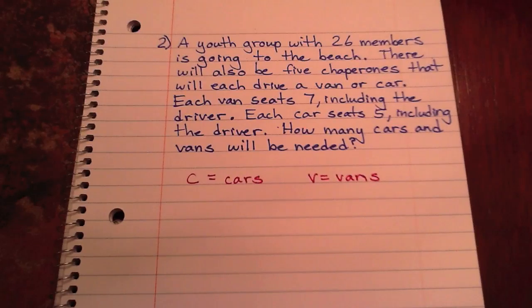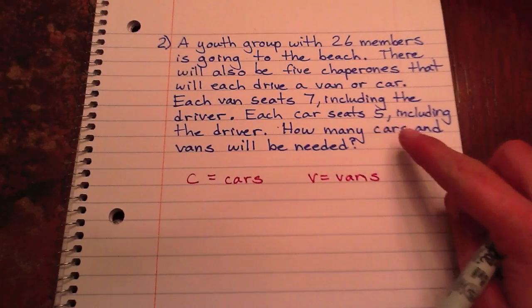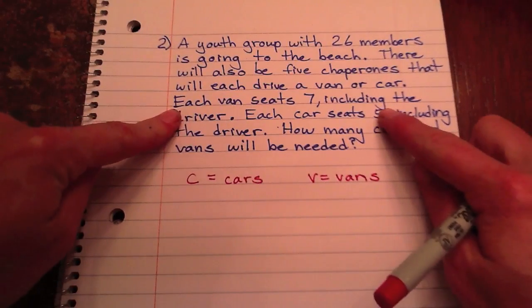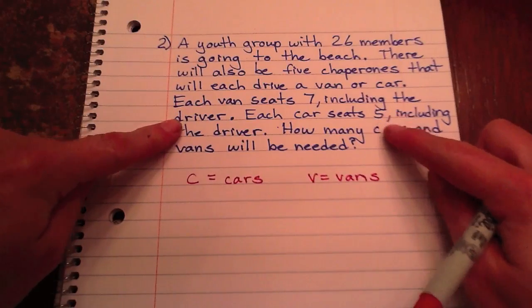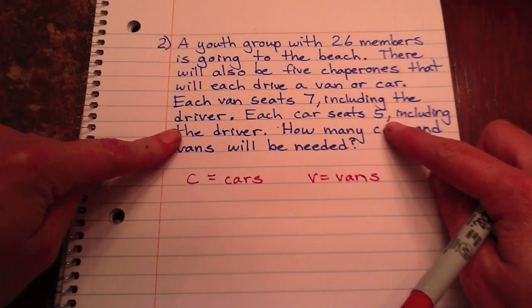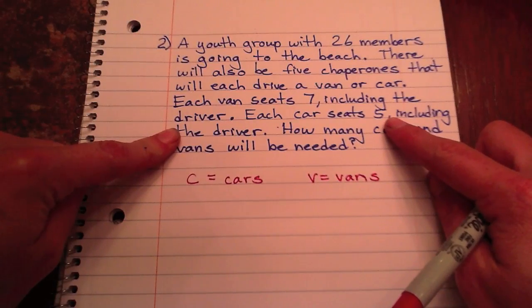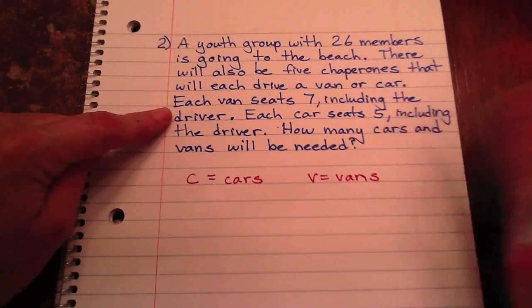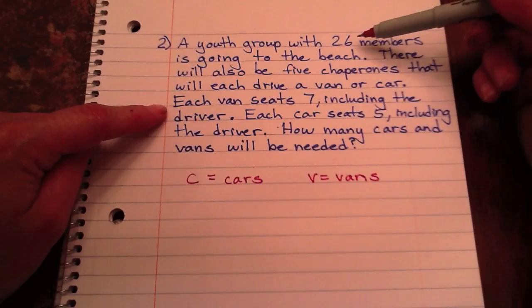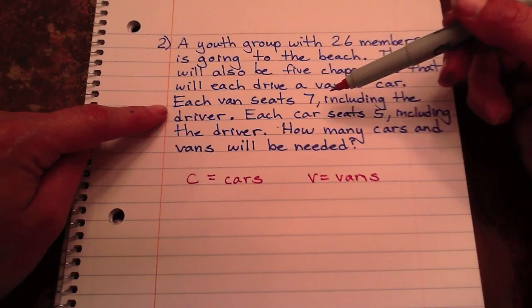This one's a little tricky. You have to be careful because notice it talked about the van seats including the driver and the car including the driver. So what you want to actually do is think about when you're talking about these members and then you're talking about including the driver.